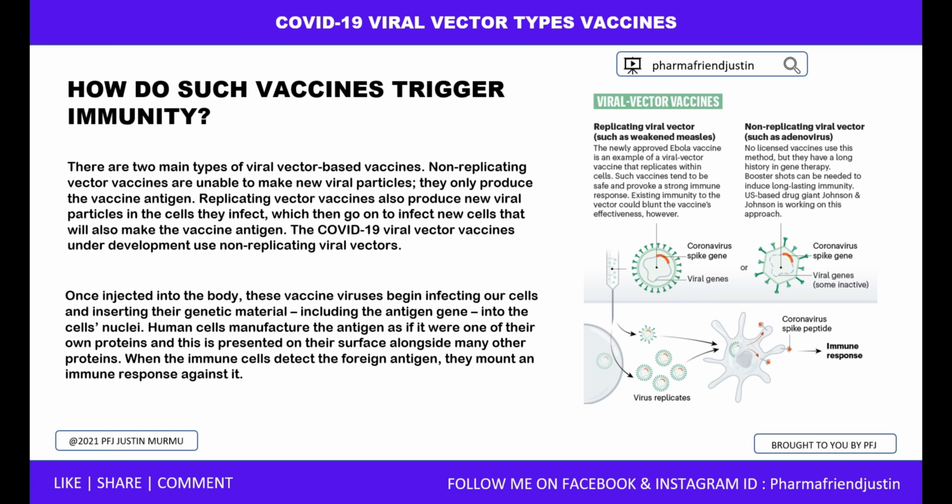Human cells manufacture the antigen as if it were their own protein, and this is presented on the surface alongside many other proteins. When the immune cells detect the foreign antigen, they mount an immune response against it.